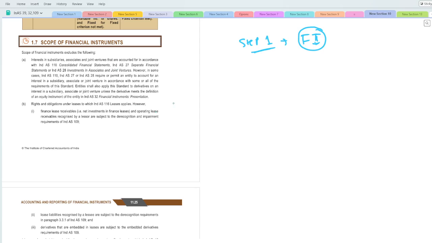Okay, so first it is talking about the interests in subsidiaries, associates, and joint ventures that are accounted for in accordance with Ind AS 110, Ind AS 27, Ind AS 28, that is for the associate and joint venture.